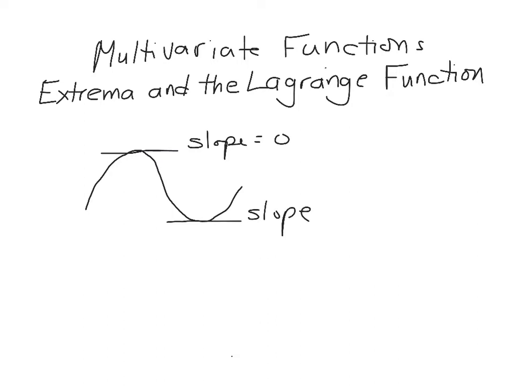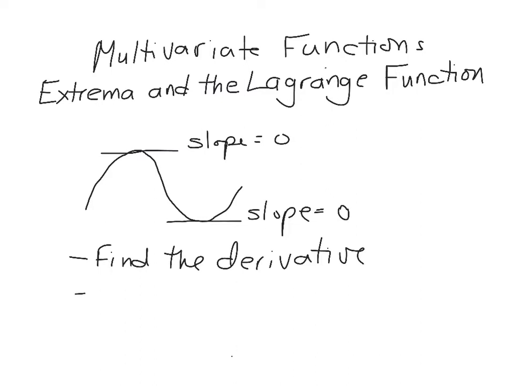So the process for finding those extrema points was: find the derivative, and we use those derivative rules. We set the derivative equal to 0, and we solve for the variable.